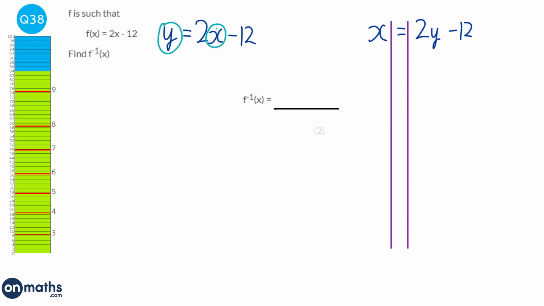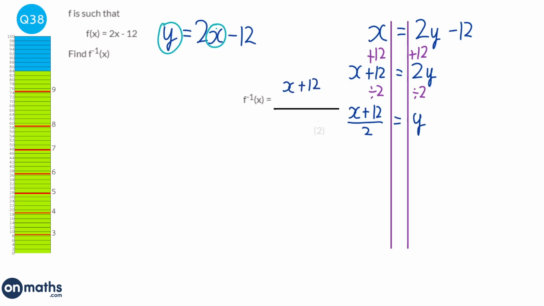So we're going to first of all add 12 to both sides. So it's x plus 12. And then we're going to get rid of that times 2 there by dividing both sides by 2. And so the inverse function of x is x plus 12 over 2.